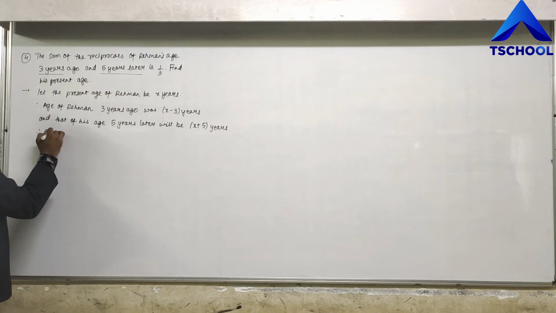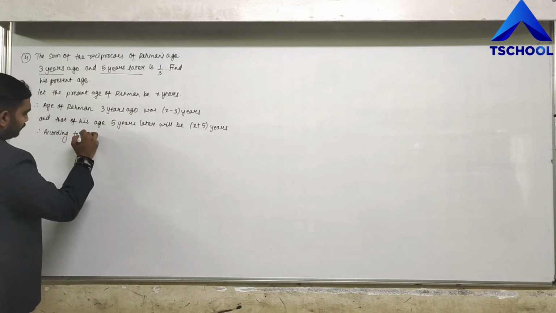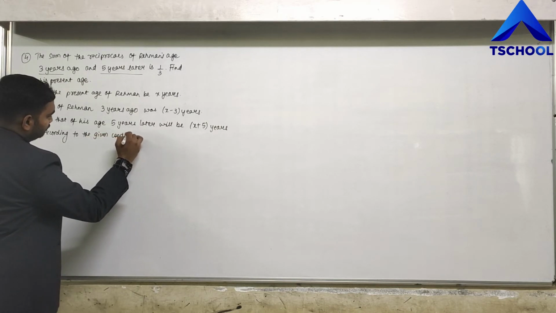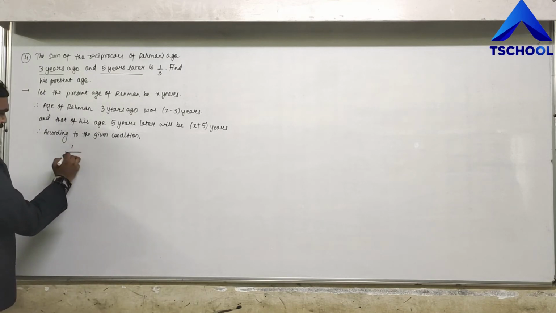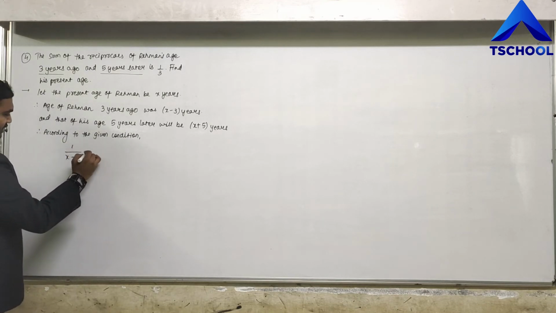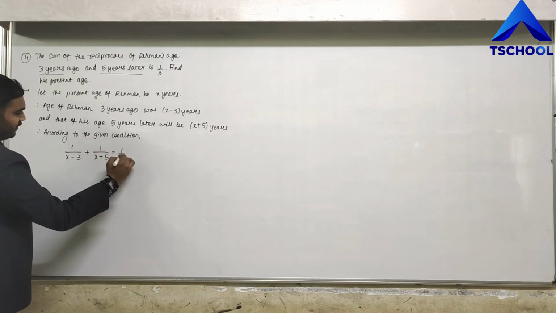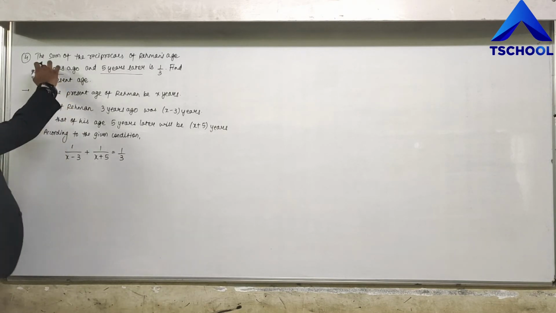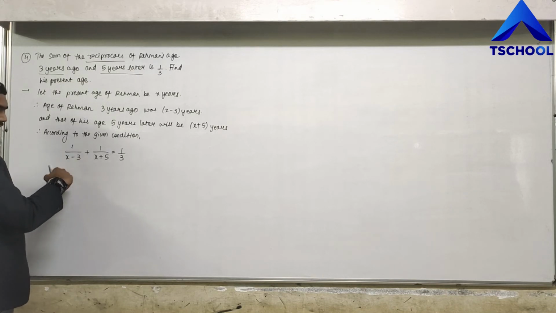Therefore, according to the given condition, 1 upon x minus 3 plus 1 upon x plus 5 is equal to 1 upon 3, right? The sum of reciprocals, so we have taken the reciprocals, and the sum, that means addition, is 1 upon 3.